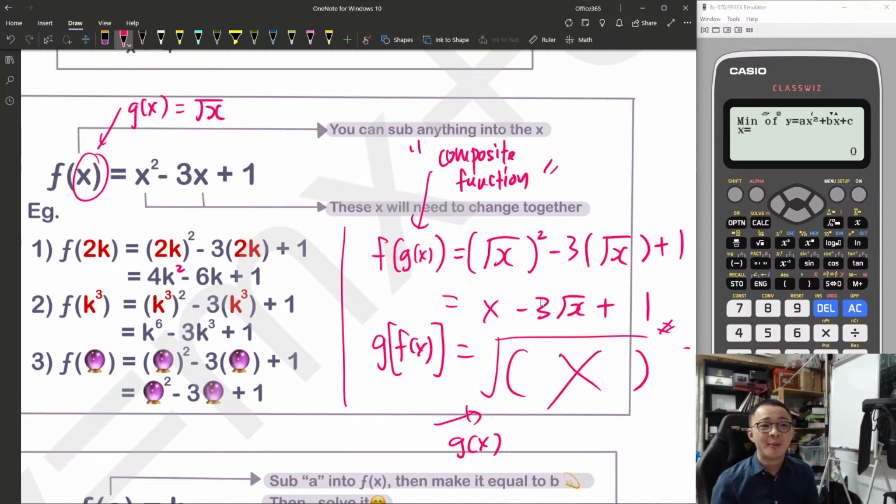Square root x. But for x, I don't write anything, because I know right now my x is f(x). Then I ask myself, what's in f(x)? f(x) will be x squared minus 3x plus 1. So this one will be the final answer.